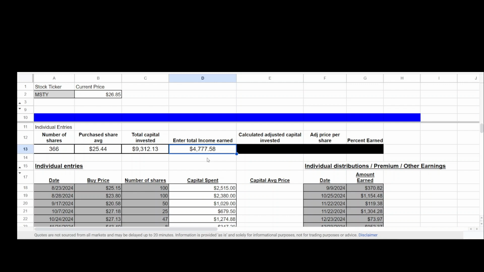So excited about that. So what that means is that comes out of the amount that I've actually invested. Otherwise, I have spent out of my pocket the $9,312.13, but they have paid me back $4,777.58. So therefore, how much of the capital is still at risk?